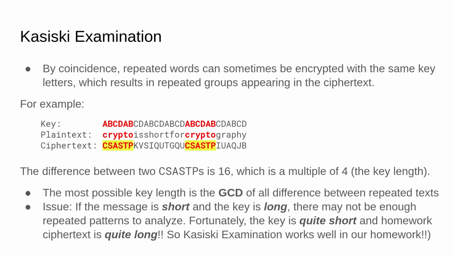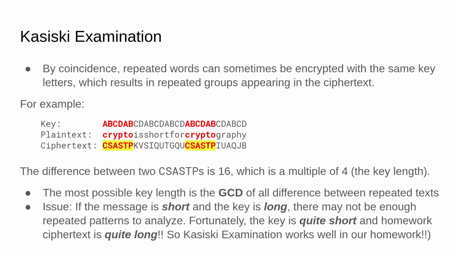So notice the highlighted portion of the text: since the key and the repeated text are aligned, we end up with the ciphertext containing the exact same sequence, CSASTP, right there.